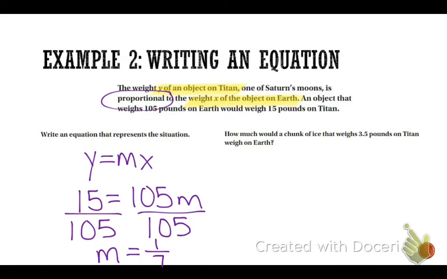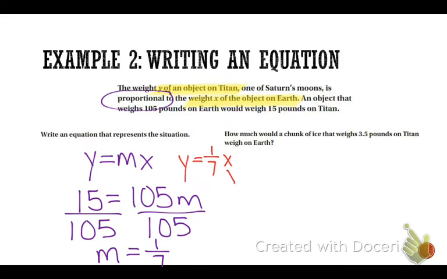This is the most important part of this example. You're going to take 1/7 and plug it in for m in y = mx. You have now found the rate. You have now found the constant of proportionality. What did Y stand for? The weight on Titan.